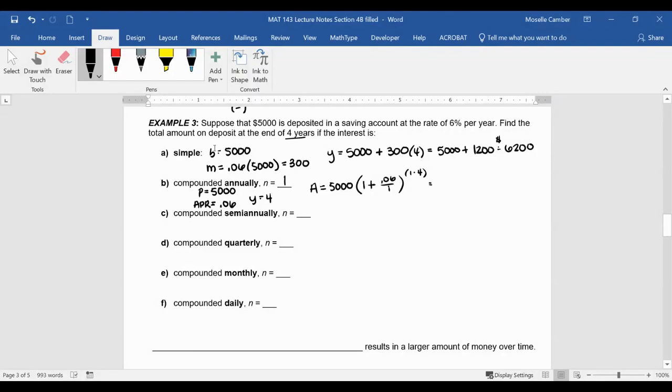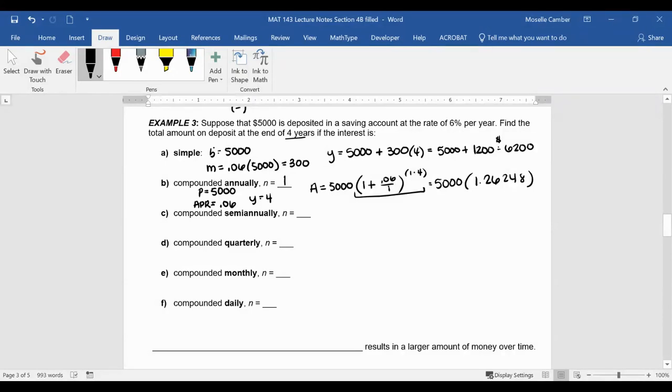So in my calculator, I'm going to start with this. I do parentheses 1 plus 0.06 divided by 1 raised to the 1 times 4. So we get 1.26248. But I'm not going to round it in my calculator, I'm going to keep that. So I have this showing in my calculator now.